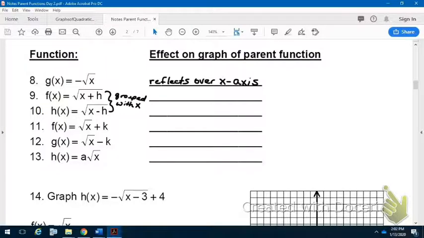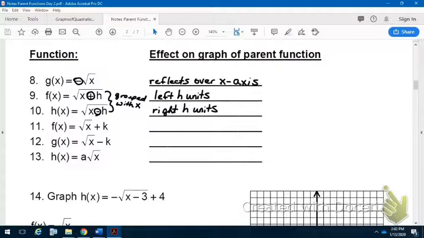Okay, so the reflection is this negative in front. Other than being grouped in with the x, we have to look at the sign. And so the plus means it's going to move left h units. And the minus means it's going to go right h units.